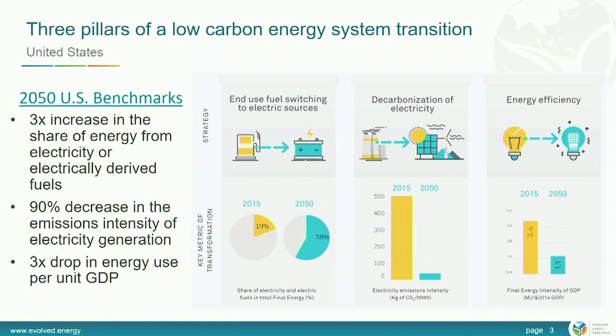So the 3 pillars here are end-use fuel switching to electric sources. So our decarbonized energy is primarily solar and wind, to be honest. And so we need basically to have our end-use energy demand be electric so we can access that energy. So we need fuel switching, we need electrification, we need a lot of that in transportation. But we also do that in buildings where those are current fuel uses.